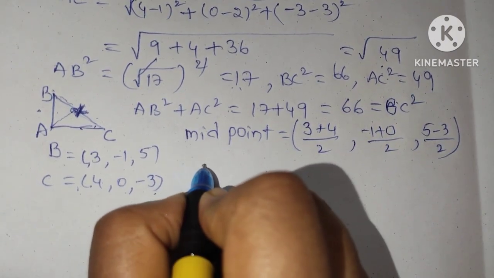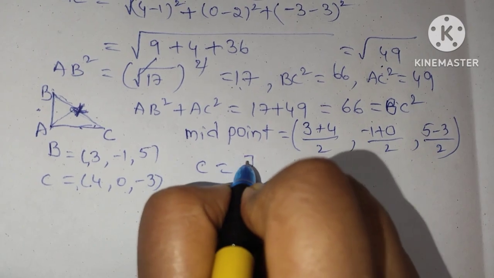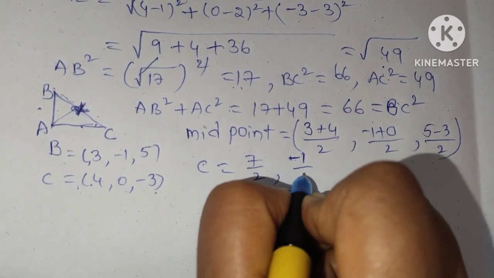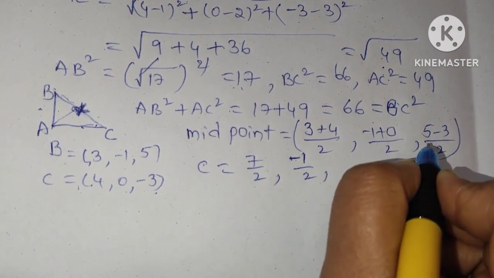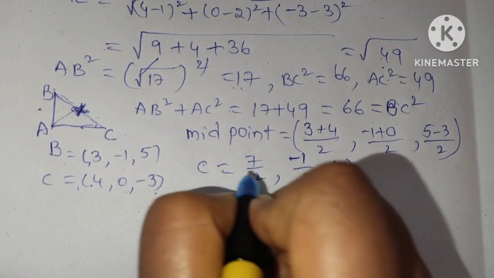So the circumcenter is 7 by 2, minus 1 by 2, and 2 by 2, that is 1.